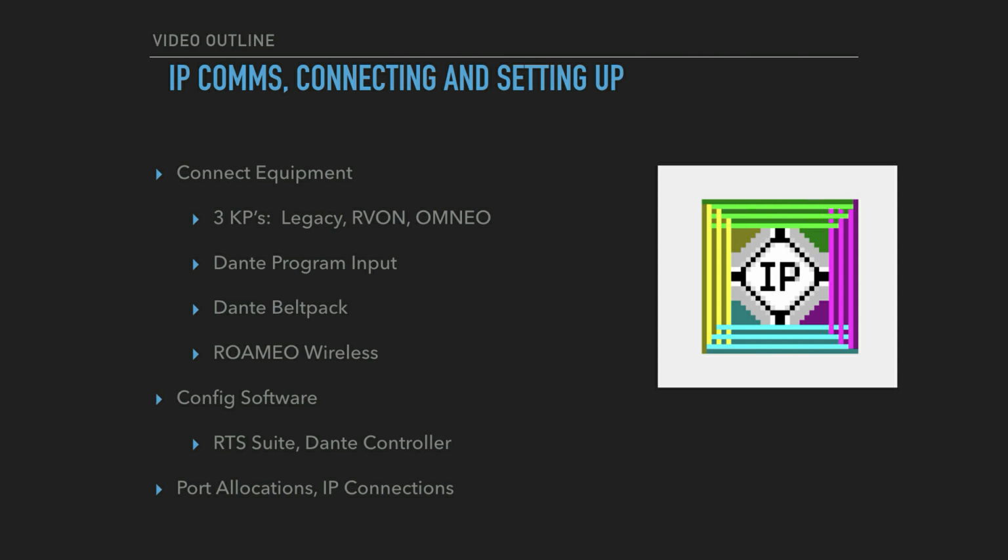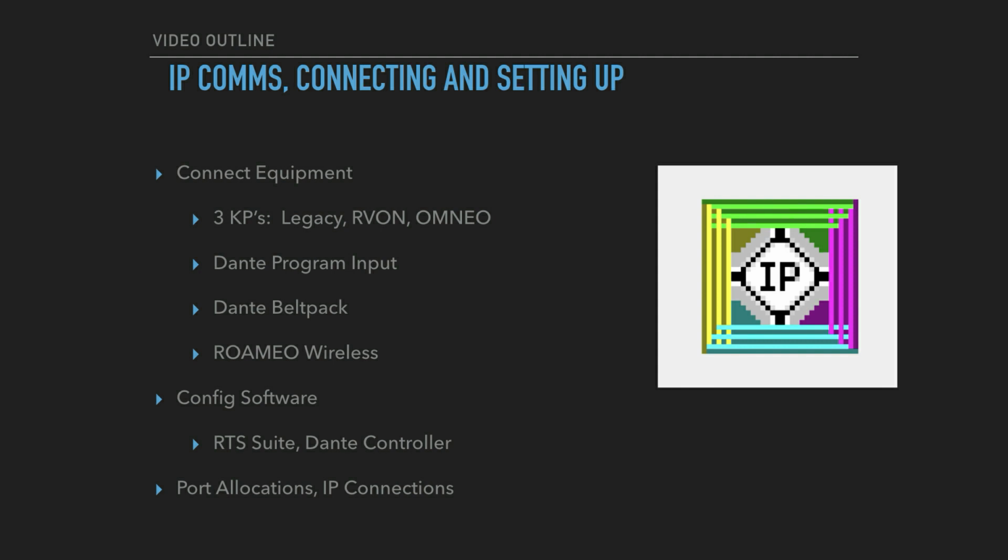We're going to do these things: connect 3 KP panels, one via legacy connection, one via RVON, and one via OMNEO. Then we're going to connect a Dante AVIO made by Audinate to provide a program input from analog audio.